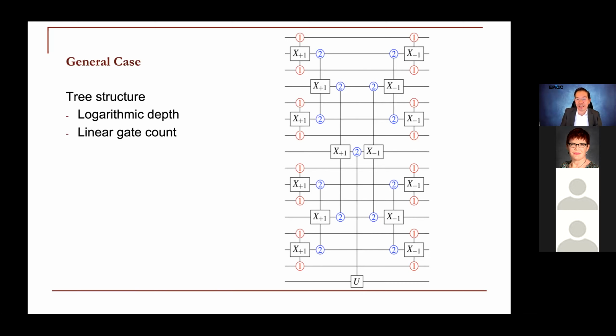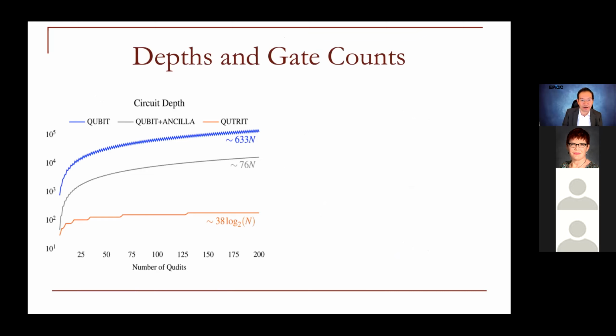And you can see that we can build a logarithmic tree structure, and you can see the mirrored structure because you have to uncompute whenever you do an operation like this, okay? So what we get is a logarithmic depth, and still a linear gate count, but it's a factor of 2 better, right?